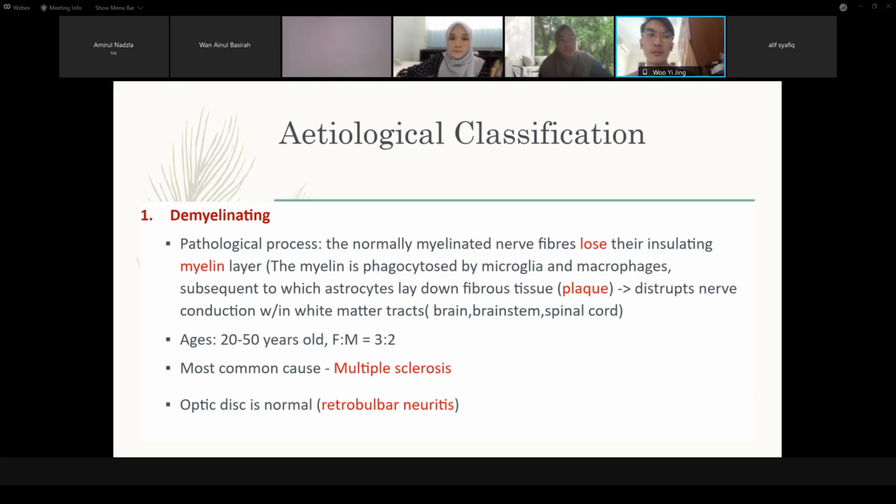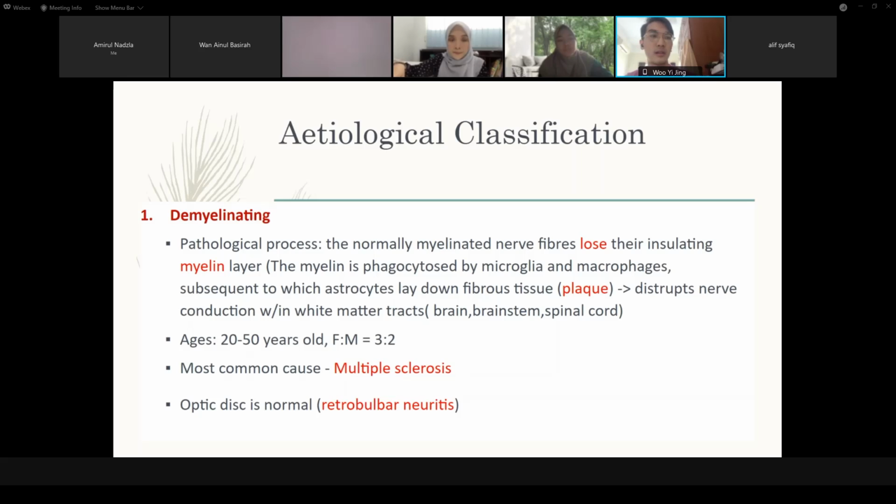The myelin is phagocytosed by microglia and macrophages, and then to heal the nerve, astrocytes will lay down fibrous tissue and form a plaque. So it will disrupt the nerve conduction in the white matter.